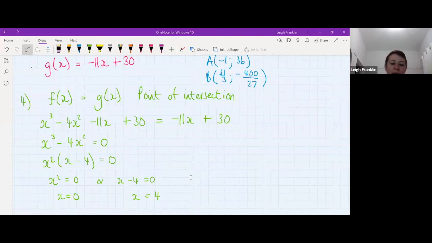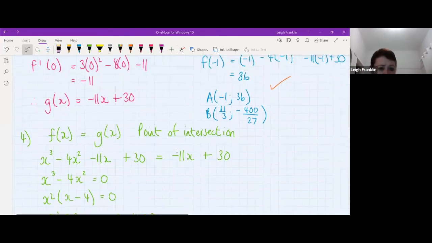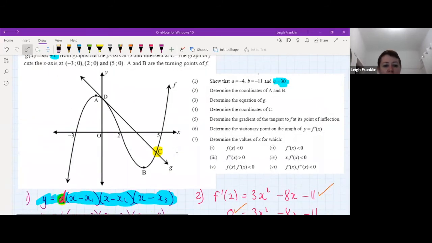So now let's go back up and just recheck our question. We were asked for coordinates at a point of intersection. Let's have a look where that point of intersection is again, because we've got 2 answers now. And obviously, x can't be 0 and 4 at C. So we're going to go back up and have a look.